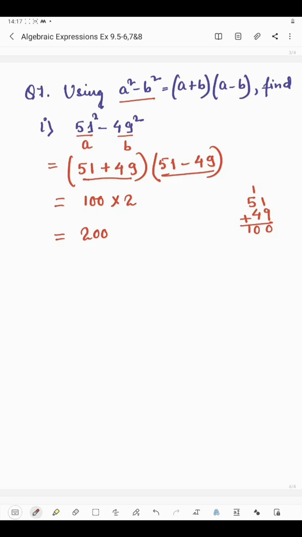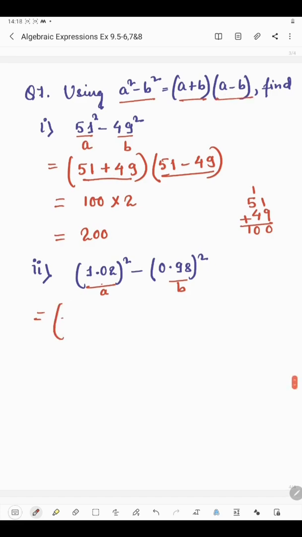Now coming to the second part. In the second part we have 1.02 whole square minus 0.98 whole square. So we will have to use the A square minus B square identity. So this is A, this is B. So the A square minus B square identity is A plus B into A minus B. So A means 1.02 plus B means 0.98.